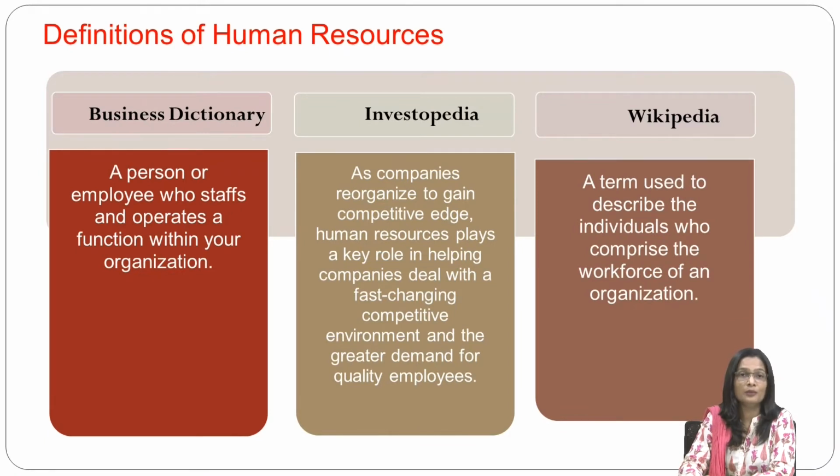According to Business Dictionary, a human resource is a person or employee who staffs and operates a function within your organization. So, for a human resource, we have provided a position in your organization to operate several functions associated with that position.